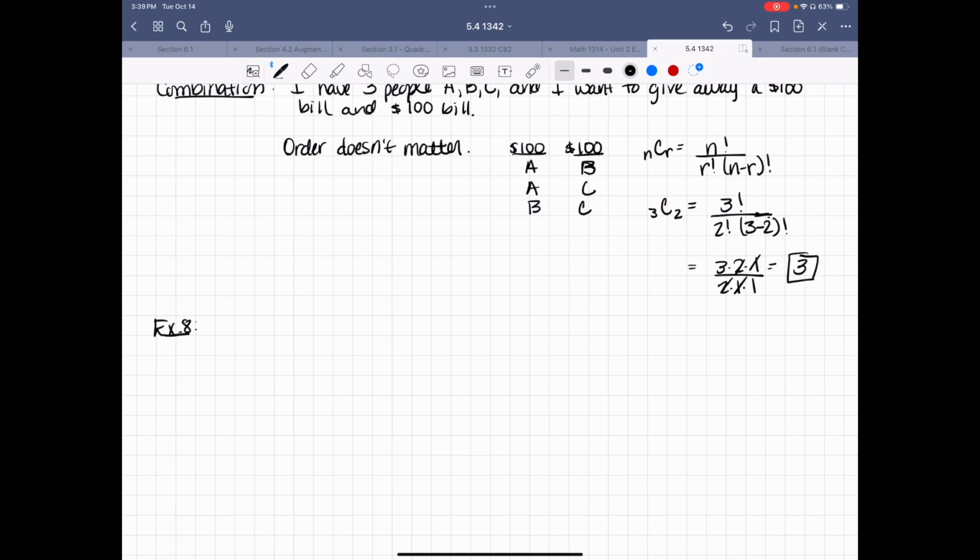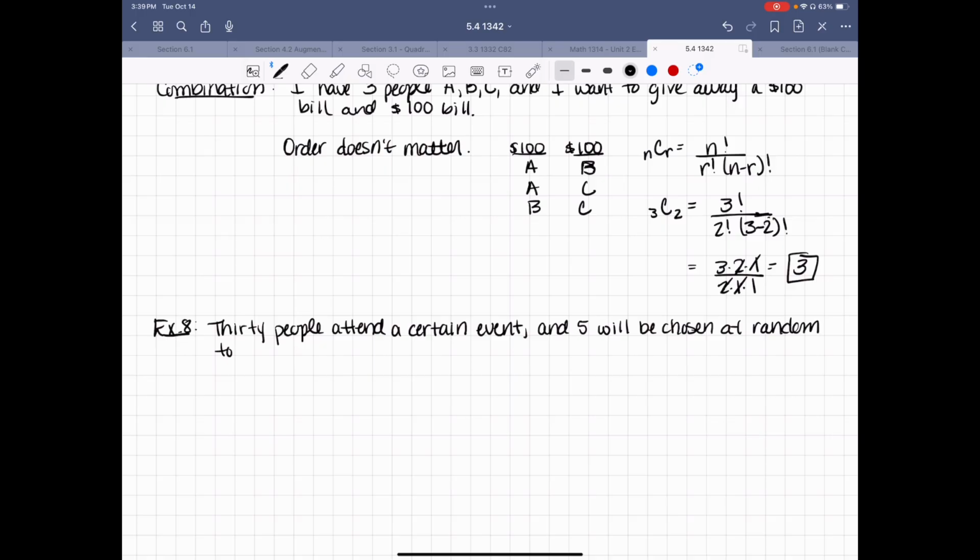30 people attend a certain event. And 5 will be chosen at random to receive prizes. The prizes are all the same.